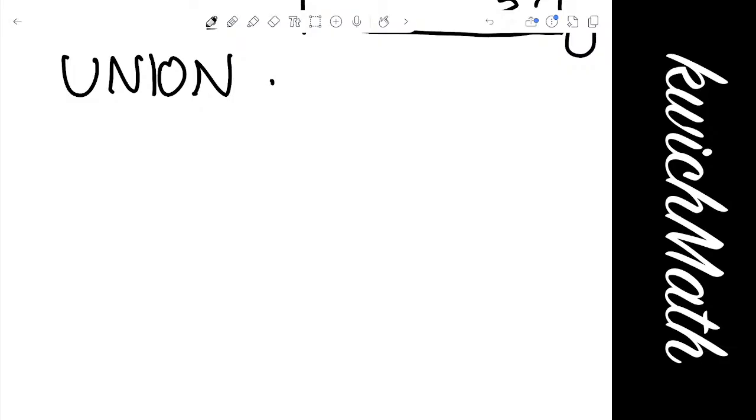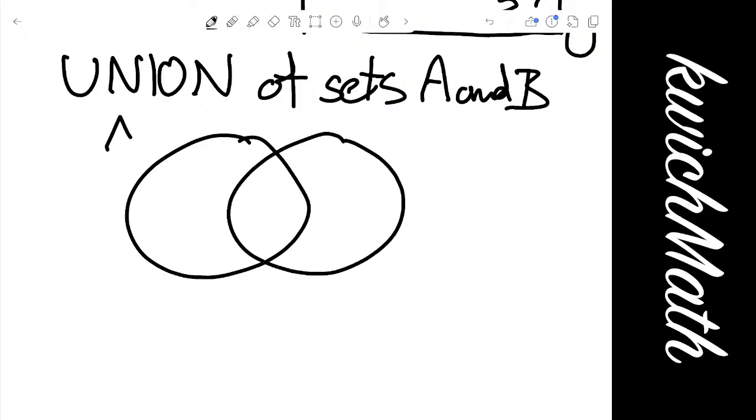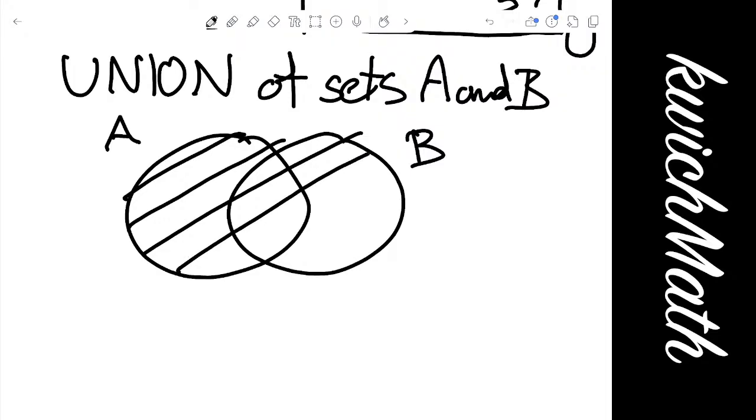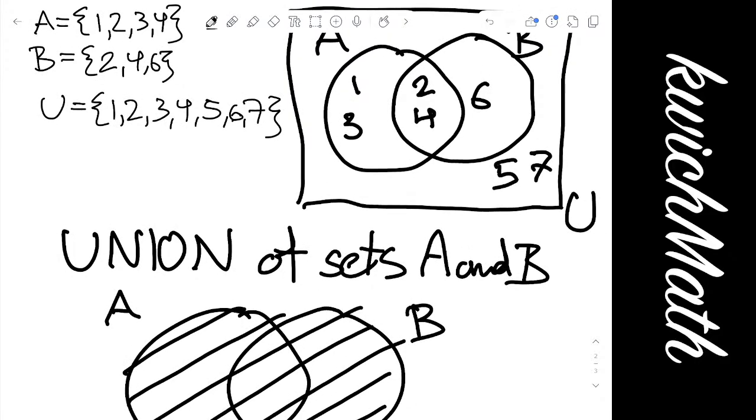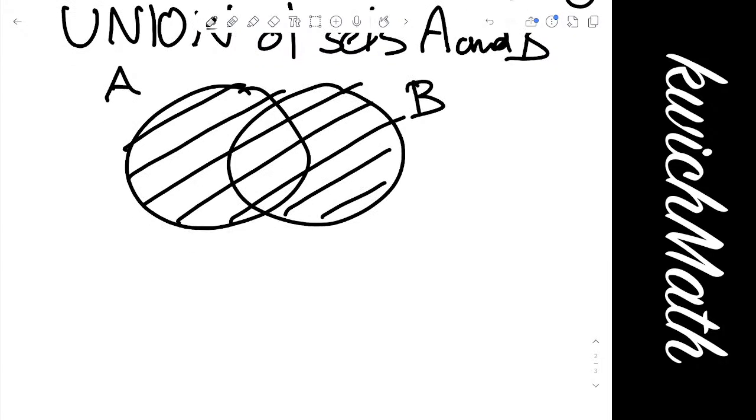Union of sets A and B. If we have A and B, then the union is simply everything inside A or B. So in our case, we can see here it's 1, 2, 3, 4, and 6. 5 and 7 are not inside the union, because 5 and 7 are in neither of them.